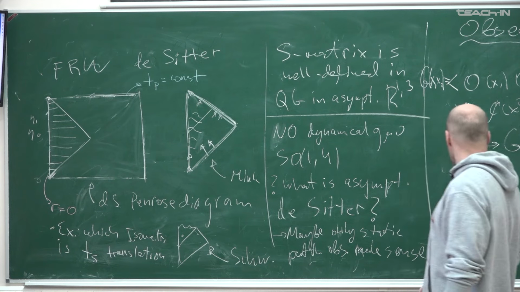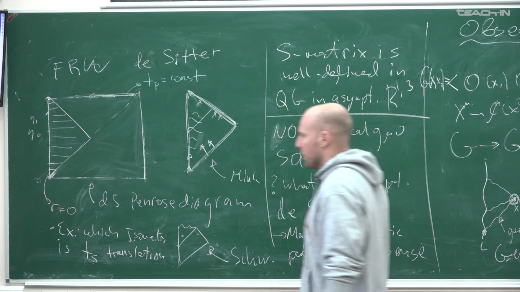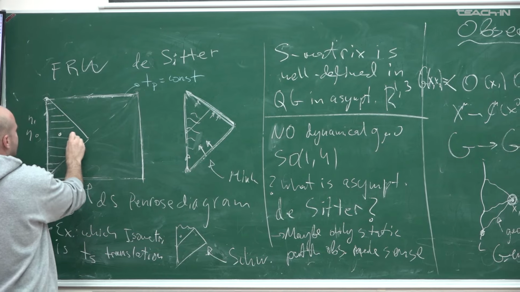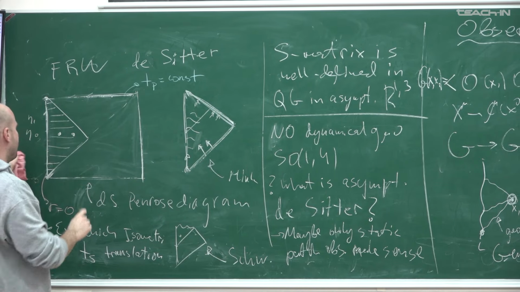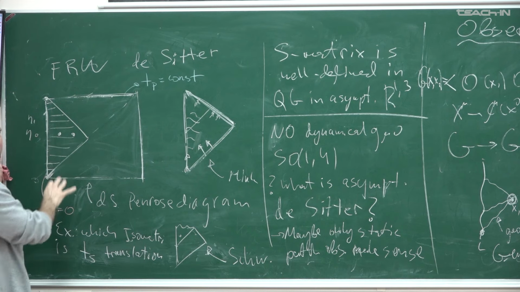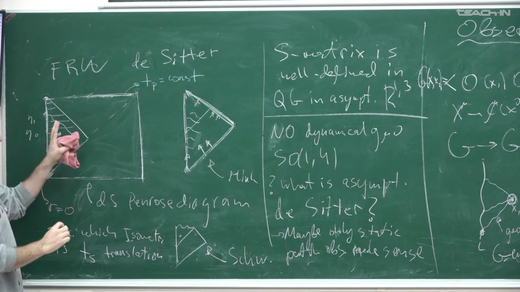So now, the reason I did not erase this picture is that to define something inside of a static patch, you really need to go to all these complications with geodesics, because you imagine this as your laboratory, and then you want to measure some expectation value of operators here, for example. But you're not sending them to infinity, so metric fluctuations never die, and then you need all your geodesics to connect them.